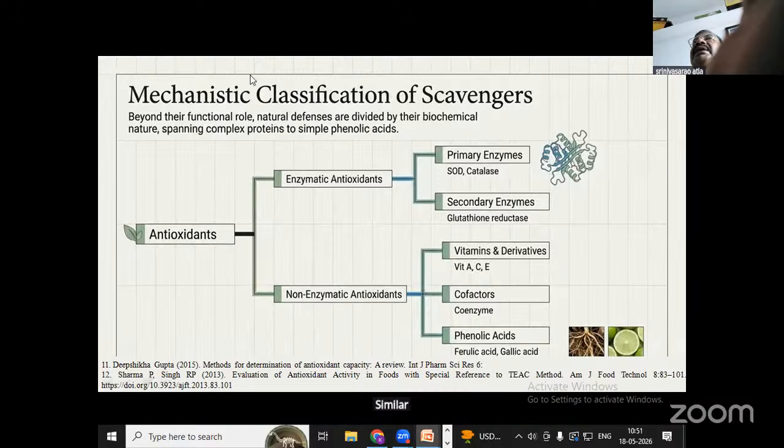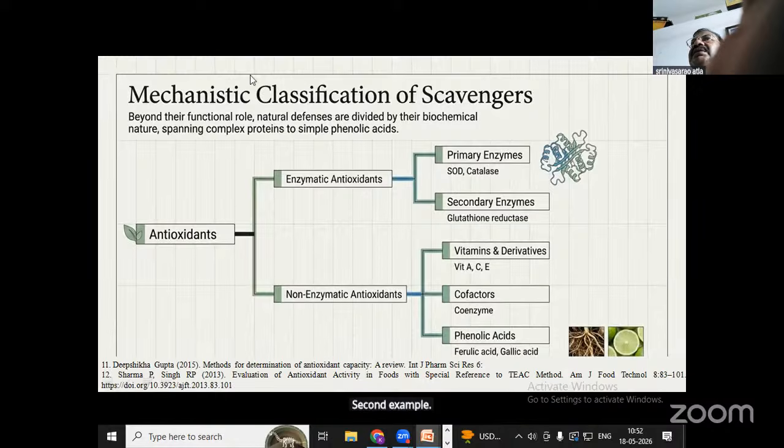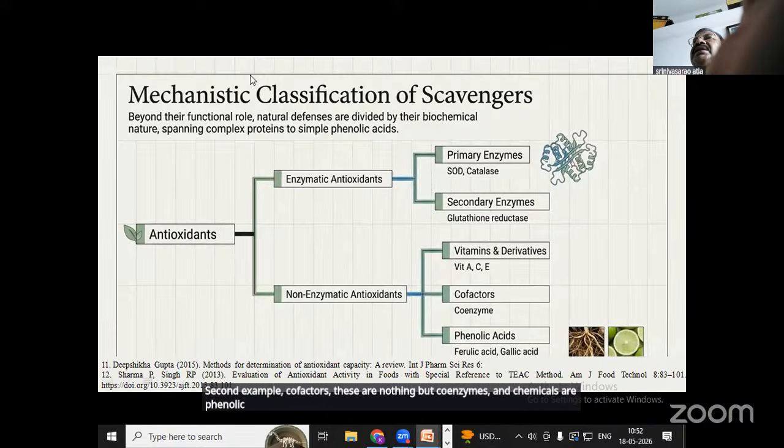Similarly, non-enzymatic antioxidants are classified into three varieties. Vitamins and their derivatives, examples are vitamins A, C, and E. Second, cofactors, which are nothing but coenzymes. And chemicals such as phenolic acids, ferulic acid, gallic acid, etc.